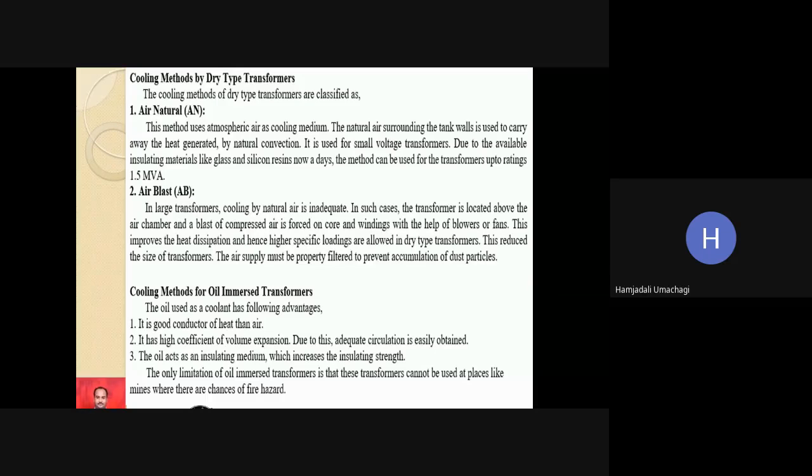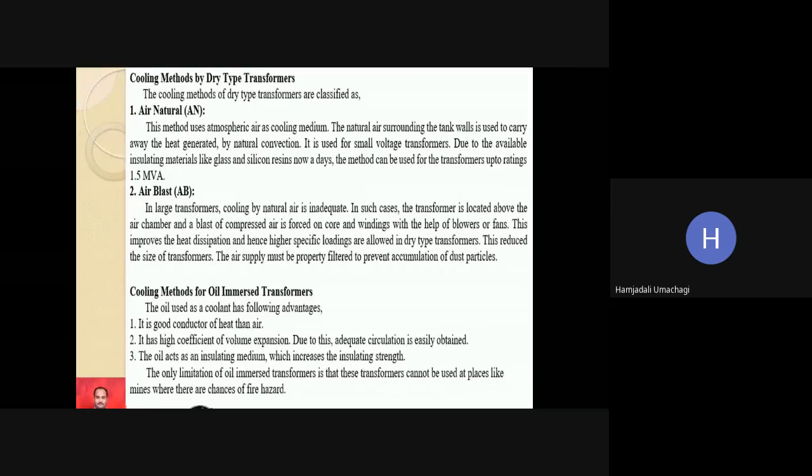It is used for small voltage transformers. For small rating transformers, the heat developed inside the transformer is very little and it can be easily carried by the natural air. There is no need for compressed air for this purpose. Due to the available insulating materials like glass and silicon resins nowadays, the method can be used for transformers up to ratings of 1.5 MVA.